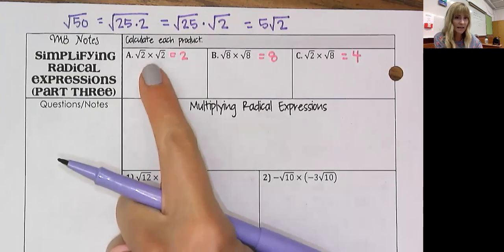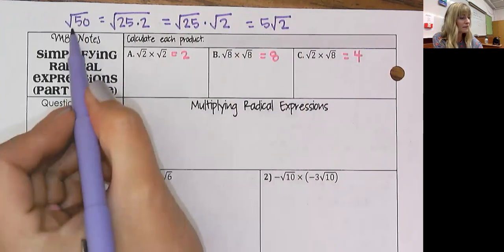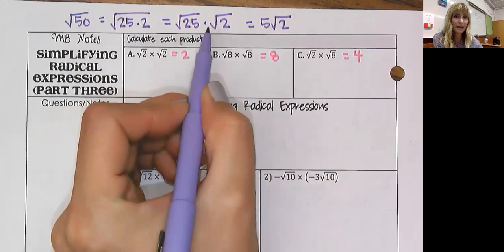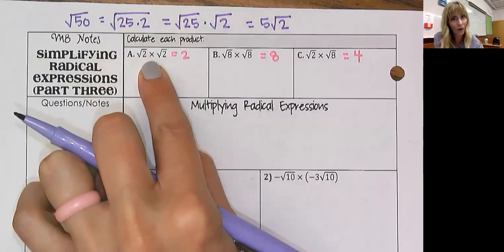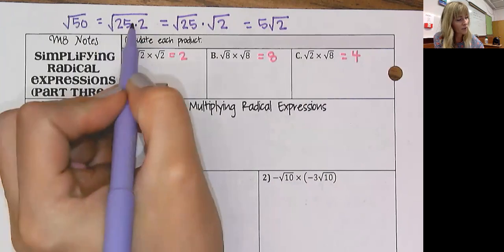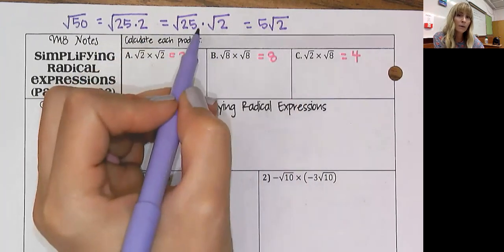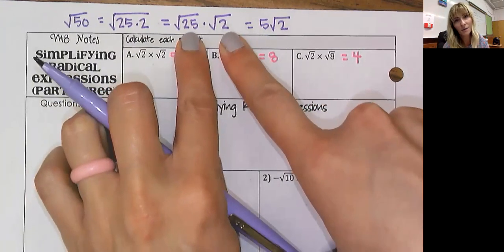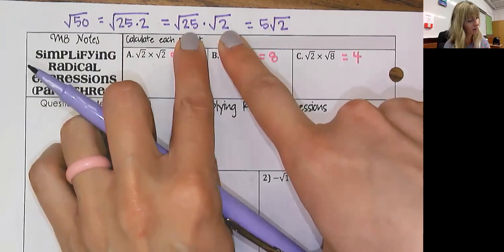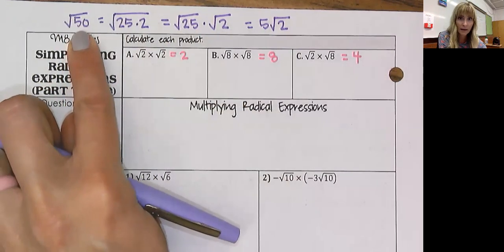Well, this actually is showing me that I can go the other way. Instead of factoring it and separating it out, look, this is already factored and separated out. So instead of factoring and working out this way, what if I work back this way and realize that if I have square root of 25 times square root of 2, I can just make that the square root of 25 times 2 and put it all under its own radical.